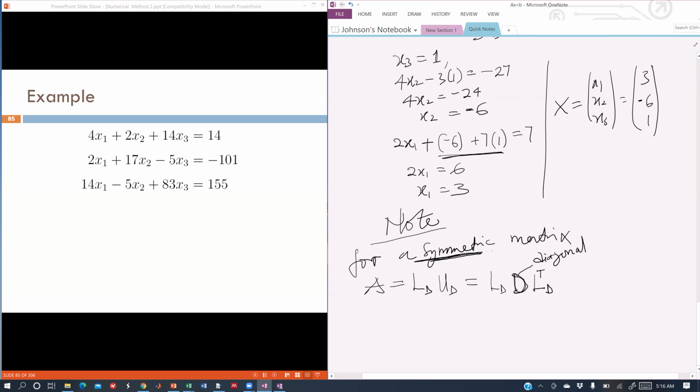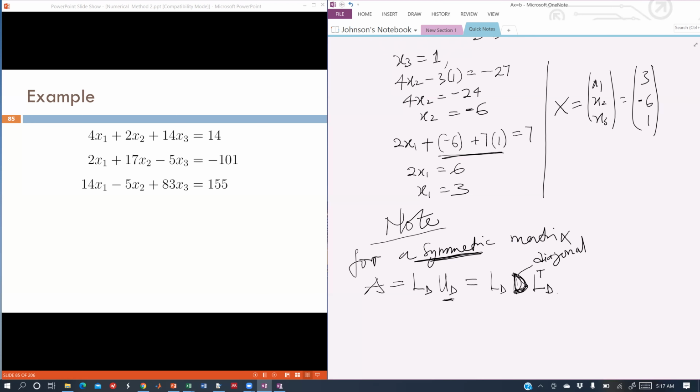This is an observation that you can make from a symmetric matrix when you pass through the Doolittle decomposition, and it is verifiable. When you do the decomposition and you factorize the diagonal matrix out of the upper triangular of the Doolittle, the upper triangular matrix that is left becomes the transpose of the lower triangular matrix of the Doolittle.